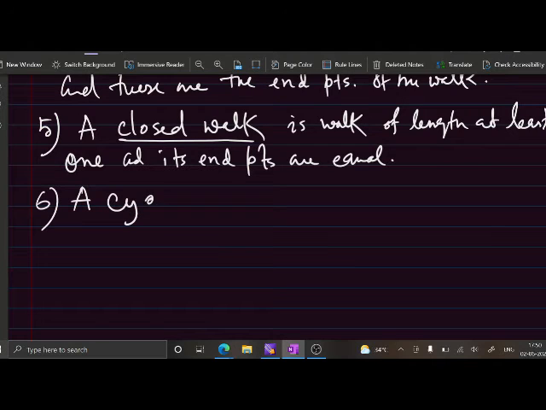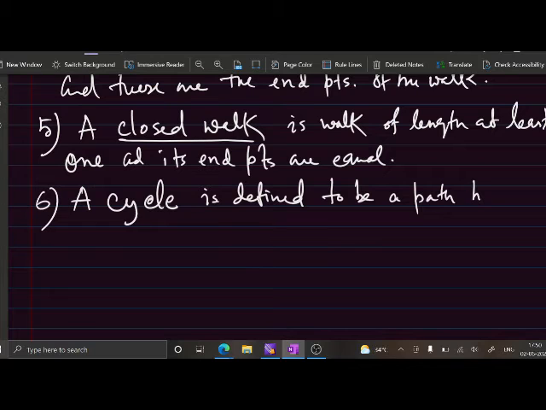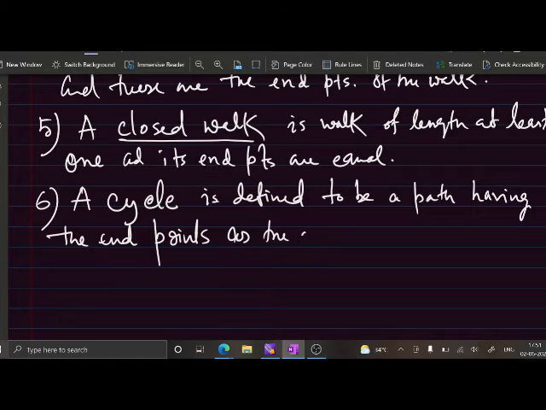So a cycle is defined to be a path having the endpoints as the only coincident vertices.